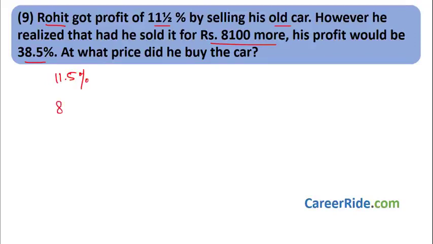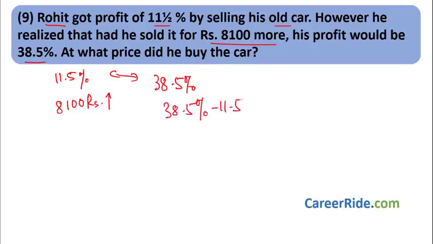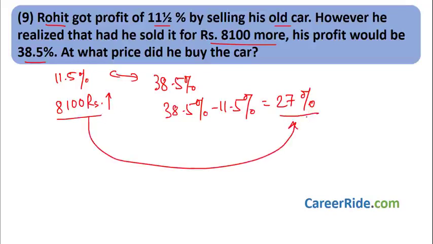If he sold for 8,100 rupees more, the profit would be 38.5%. What is the difference between this? This is 38.5% minus 11.5%, that would be equal to 27%. That means if he sold his car for 8,100 rupees more, the profit which he receives is 27% more, right?